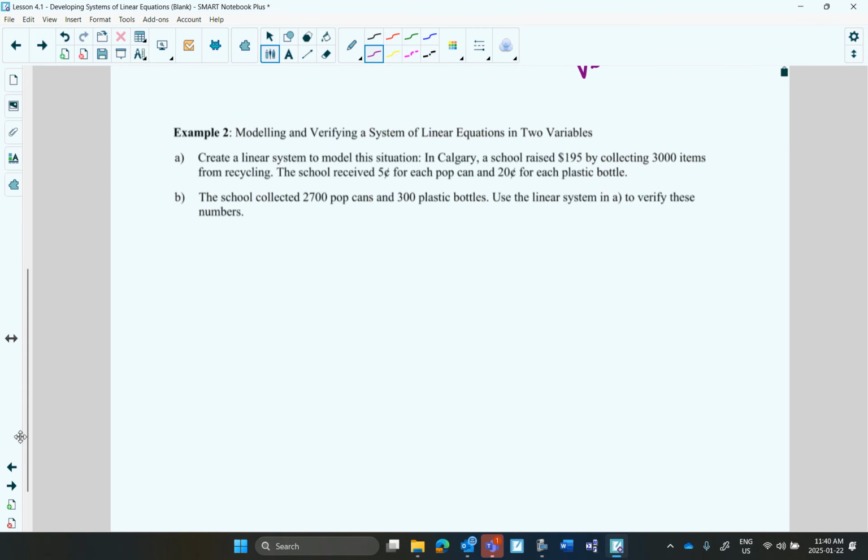A school raised $195 by collecting 3,000 items from recycling. And what did they recycle? Pop cans and plastic bottles. They got 5 cents for each pop can, 20 cents for each plastic bottle. What are the 2 unknowns?